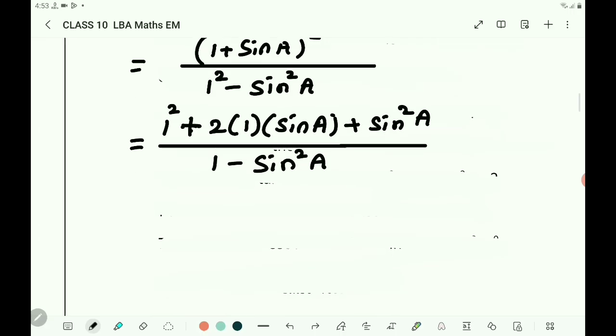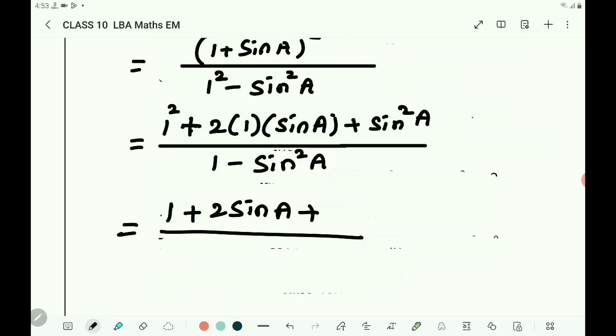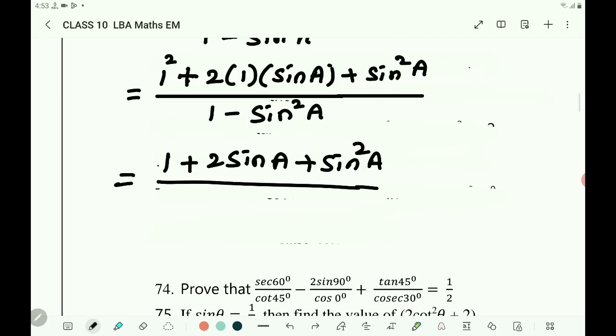Then you write 1 plus 2 into 1 into sin A is 2 sin A plus sin square A as it is. Then 1 minus sin square A is cos square A.